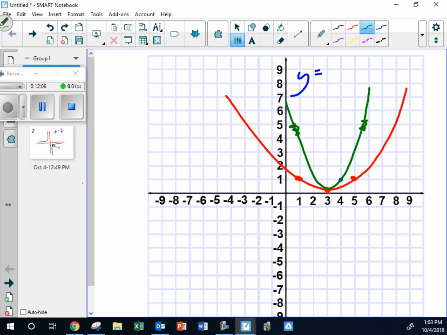I could grab it, and I could pull it out, and that would make it go there. That's horizontal. Or, this is the weirder one. If I grabbed it here, and I grabbed it here, I could push it down, and I could make the green one turn into the red one also. So you can do them. Horizontals can be verticals and vice versa sometimes. Just doesn't always work on every function.